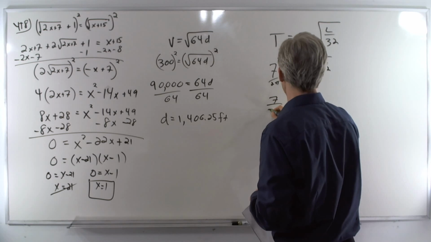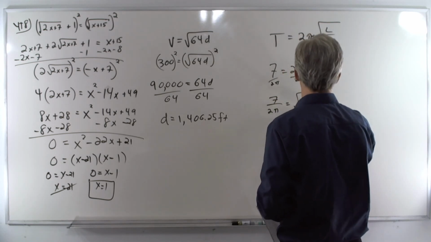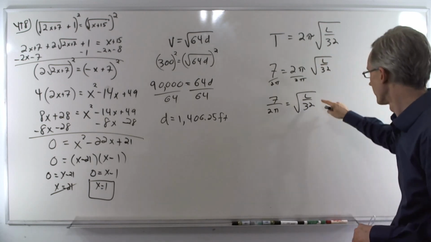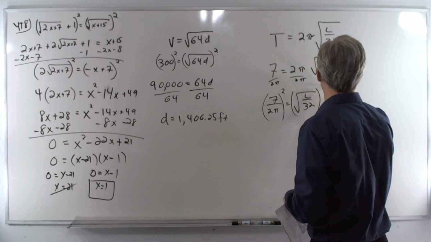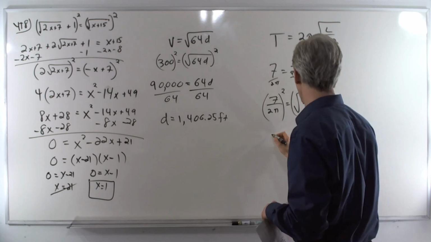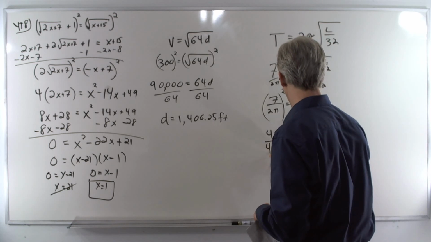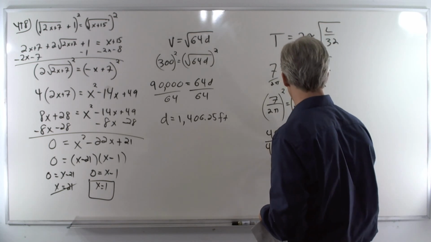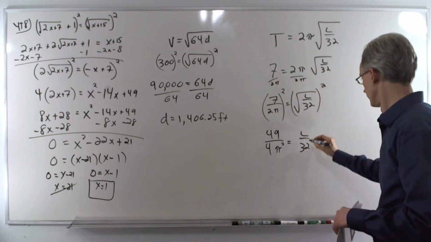We get 7 over 2 pi equals square root of L over 32. And now we can get rid of the radical, and we get 49 over 4 pi squared equals L over 32.